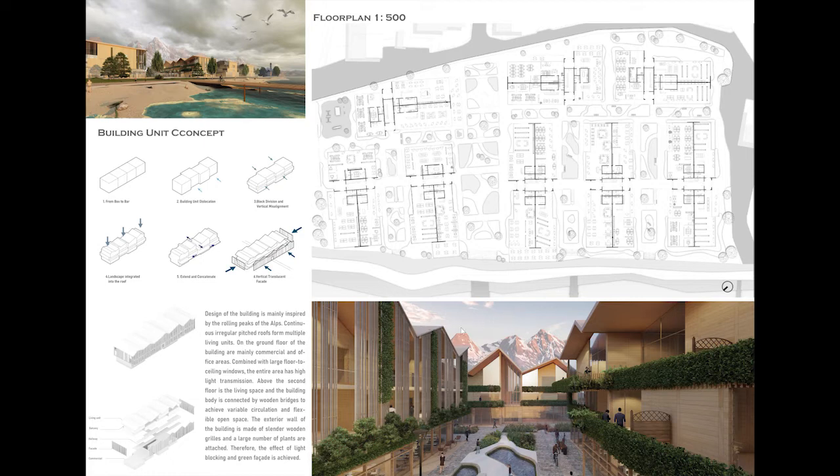And in the rendering, we can understand why we use the shape of the mountains. In the background are the hills, and our area has the same kind of concept. So that is a really strong image in our area, and that is the reason we bring this kind of form to our site.